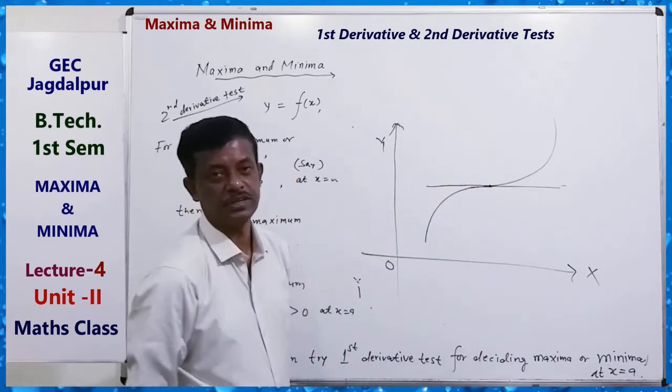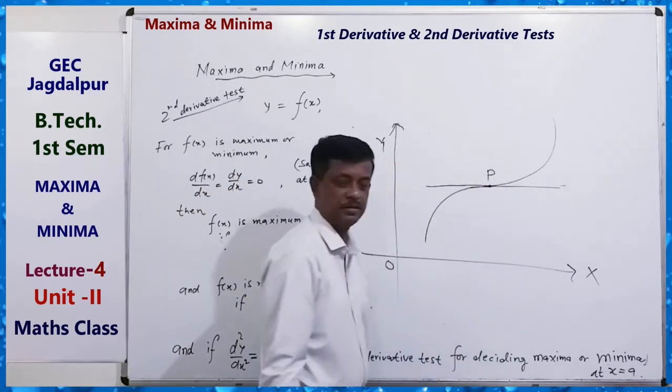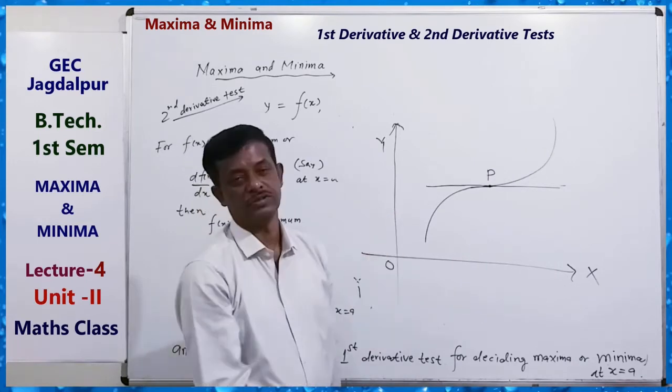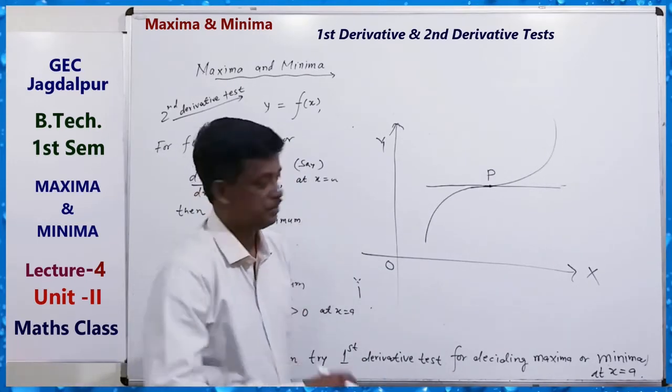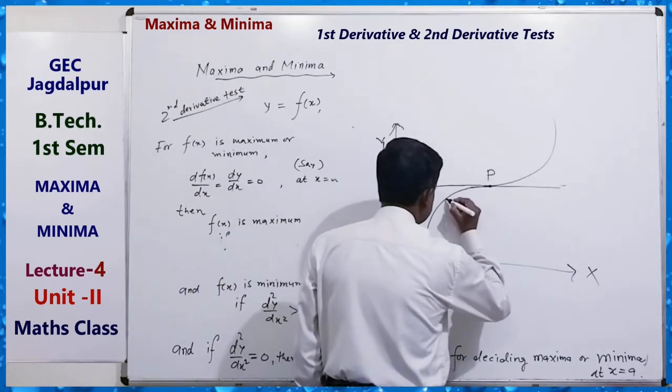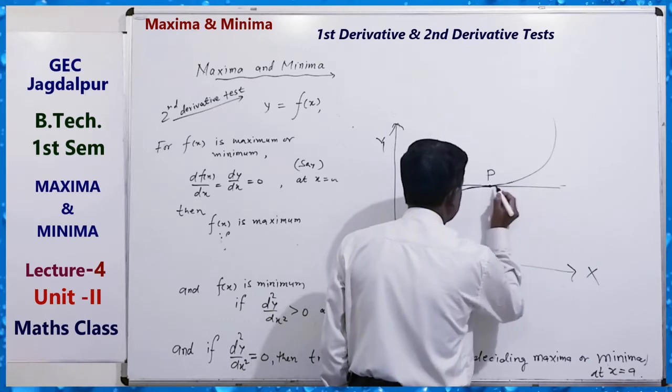In this situation, we can see that at this point the derivative is equal to 0, but the function is increasing here, and also increasing here.